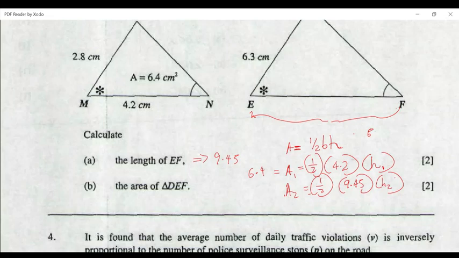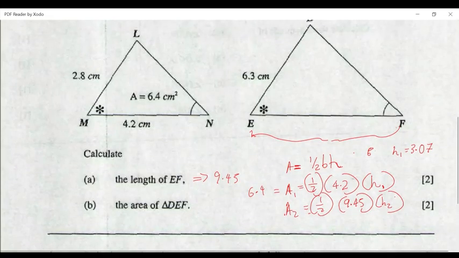So essentially, 6.45 divided by 0.5, and then divided by 4.2 is 3.07. So height 1 is 3.07. What do we know? We know these ratios are equivalent. So the height here should be the height here with the ratio of these similar triangles.